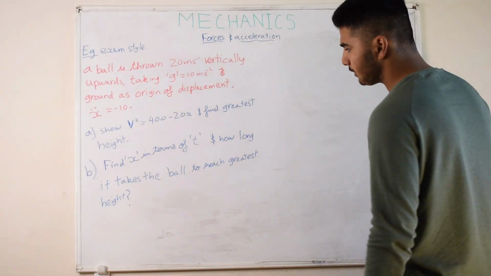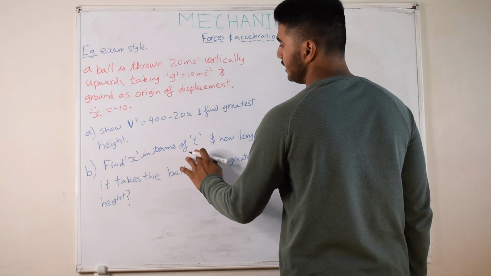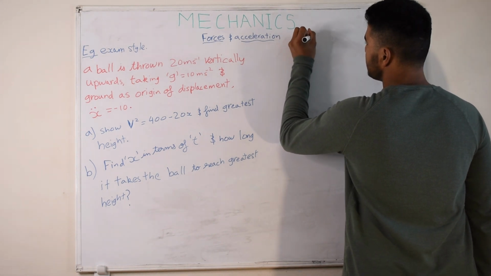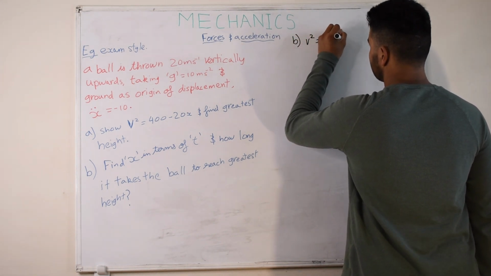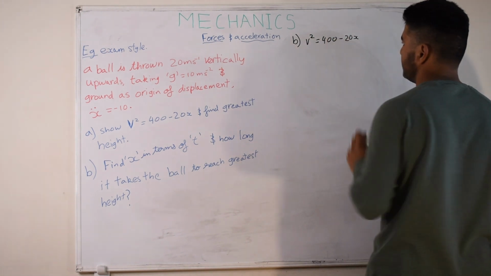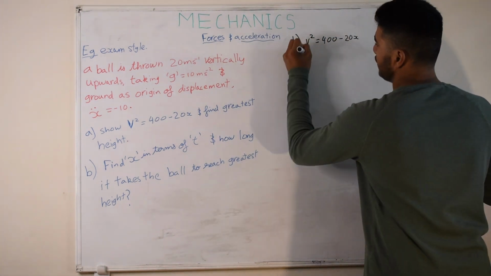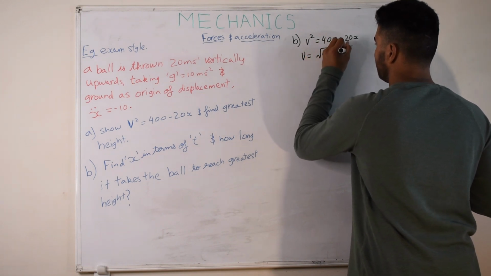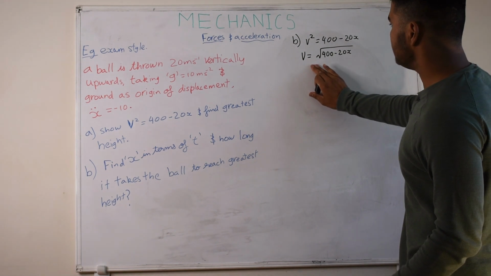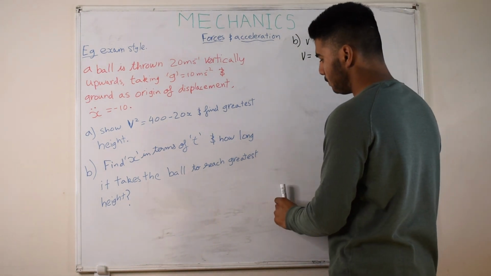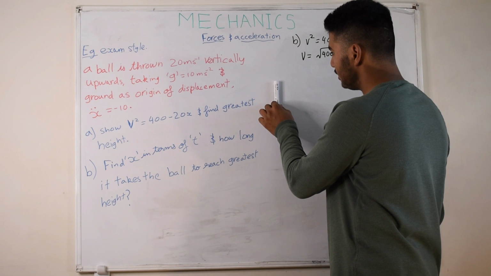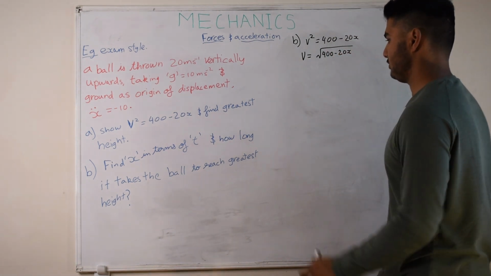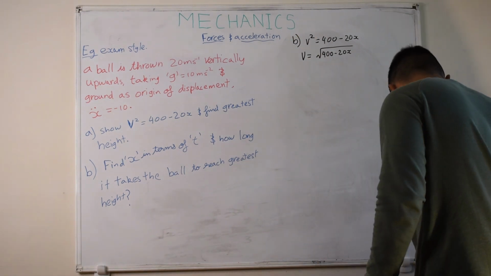Coming on to B now, find x in terms of t. So let's go back to this over here. We have v squared equals 400 minus 20x. Take the square root, so v equals the square root of 400 minus 20x. The only reason we're taking the positive case is because when the ball is rising upwards, it's going in a positive direction. So that's why we don't take the negative case, because it's not falling down, it's going upwards at the start.